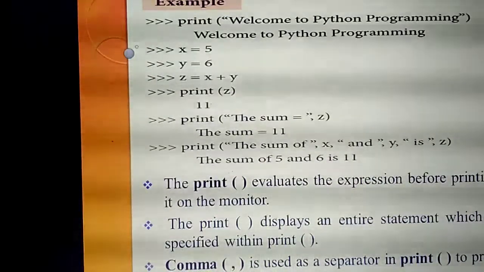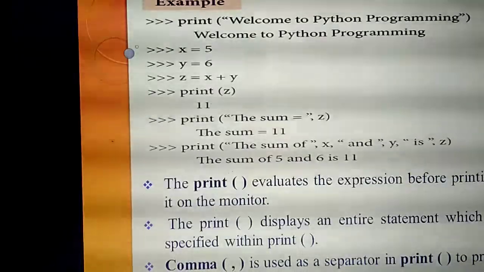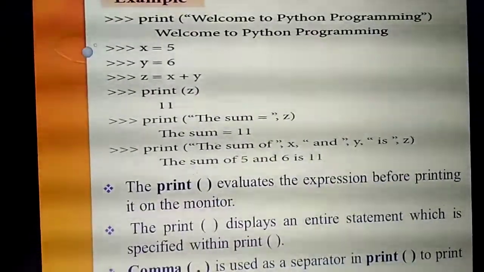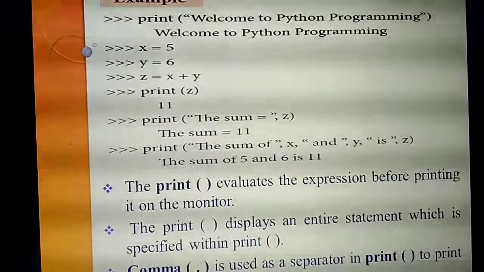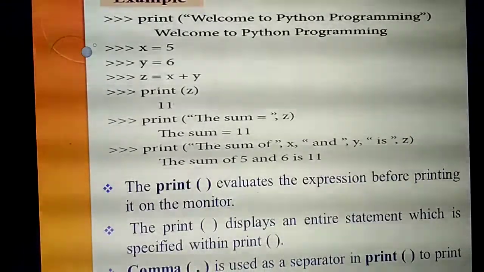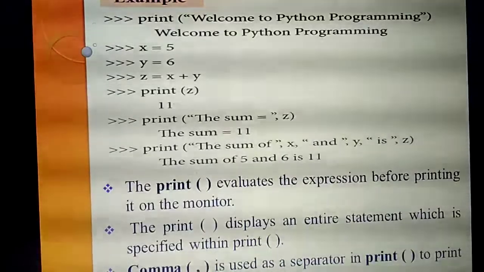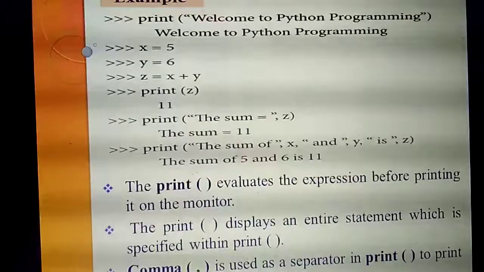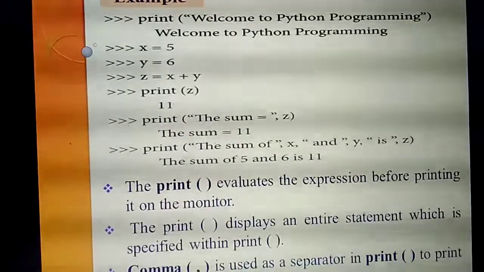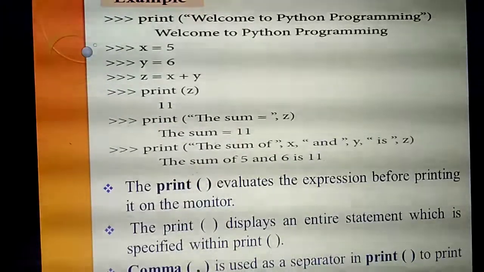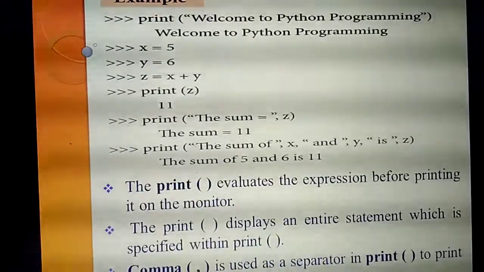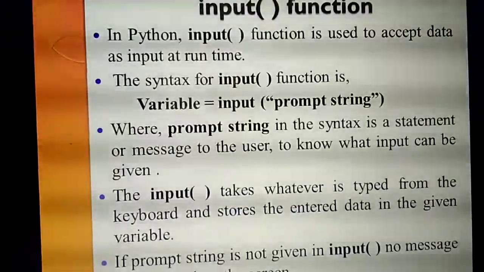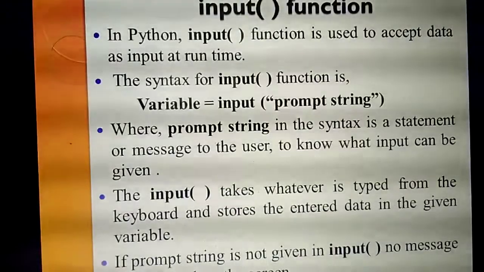So printf function is used to print whatever things you are given inside the printf function, it will display as an output in the screen. So before printing the particular statement, it will evaluate whether the particular statement is given in a correct format. If more than one item you are giving inside the printf function, which symbol will it use to separate? Comma symbol. Understand? Next thing is input function.